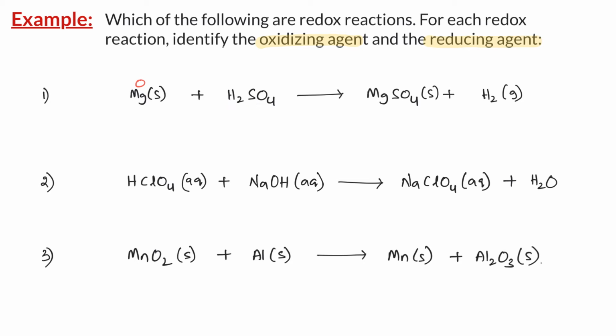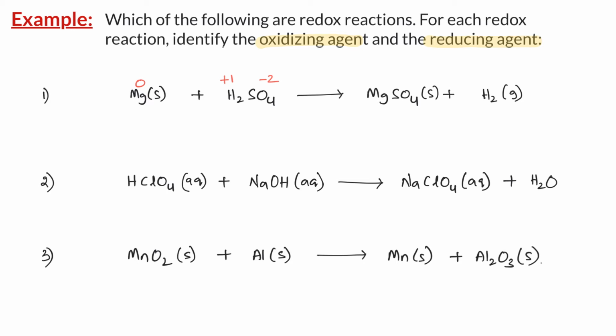Both of them are nonmetals. Therefore, hydrogen has an oxidation number of +1. And oxygen in combination with nonmetals usually has an oxidation number of -2 unless it is with fluorine or if it is a peroxide.